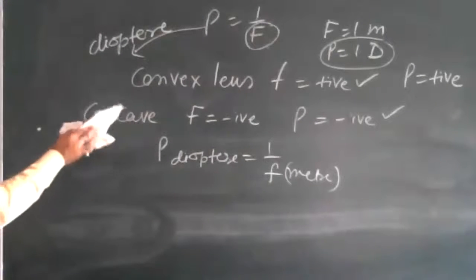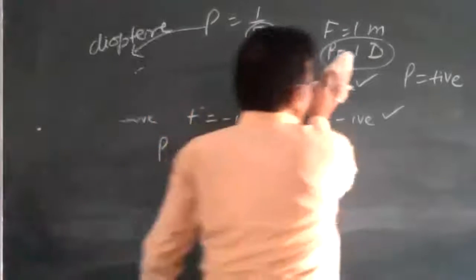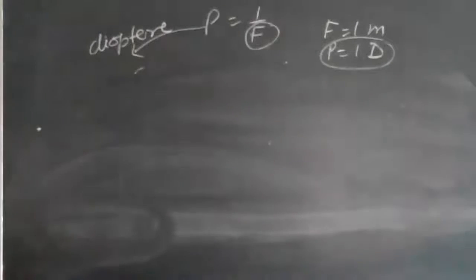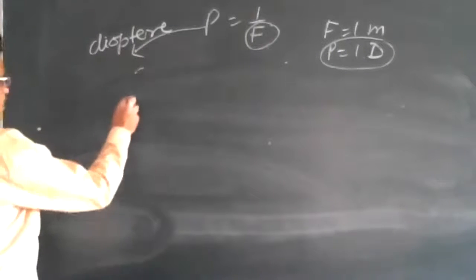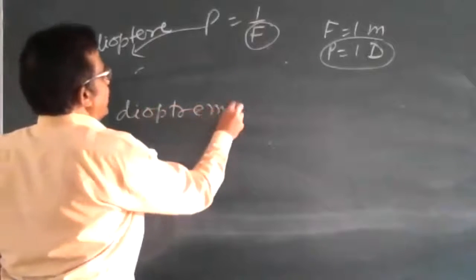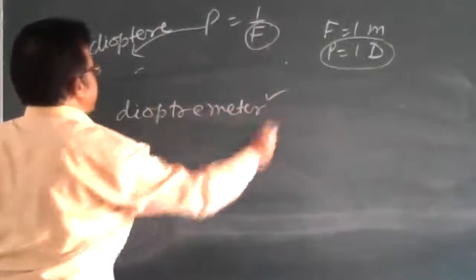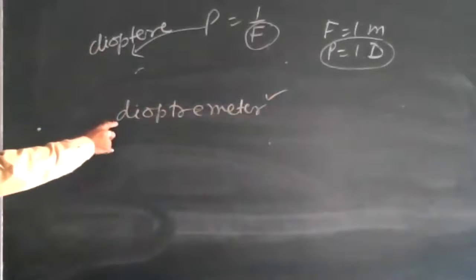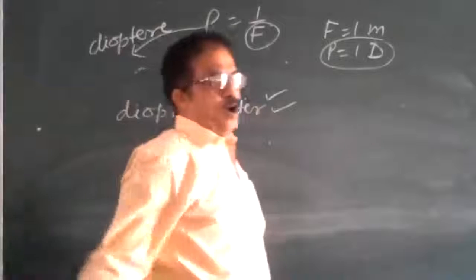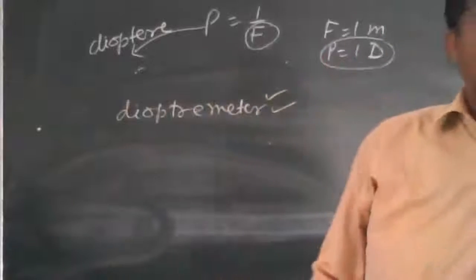Power of a lens, write down, can be measured by an instrument called dioptrimeter.